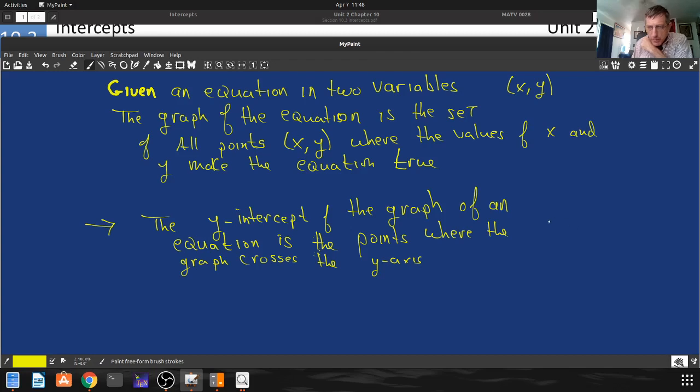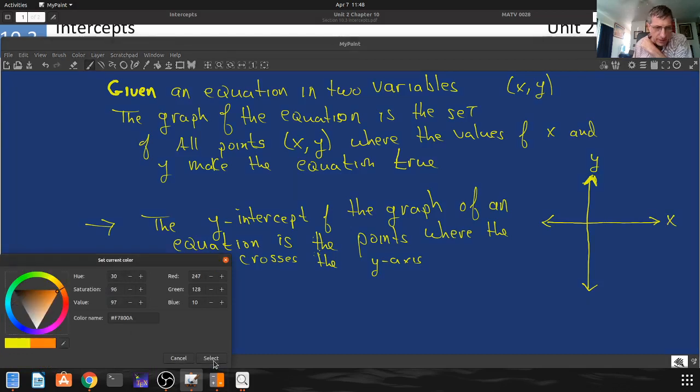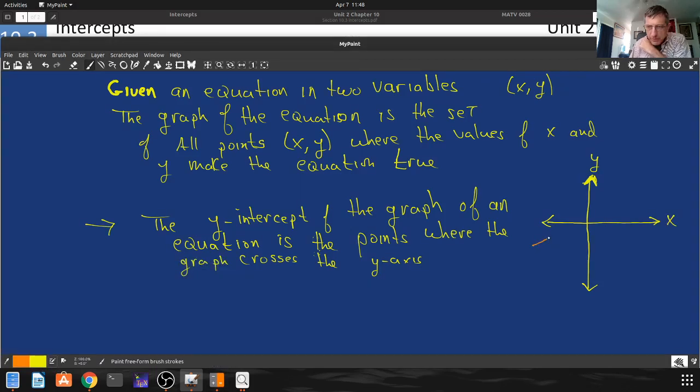Now I'll draw a really quick little diagram over here. So suppose this is our rectangular coordinate system. So let me fill that in: this is my y-axis, and this is my x-axis. So let me graph some kind of thing. Let's just do a straight line. So this is the graph of a straight line in orange.